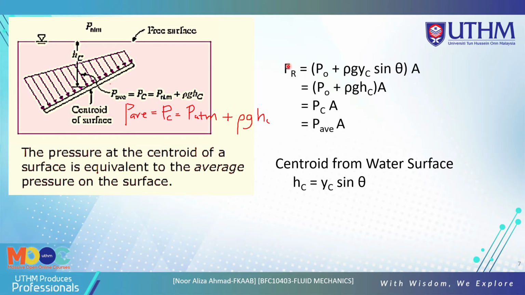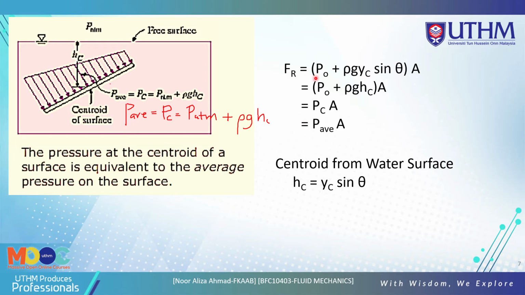Now we know that the Fr is the force resistance that occurs on this plane surface. The equation of this force resistance uses P naught, which is actually the pressure at this centroid.